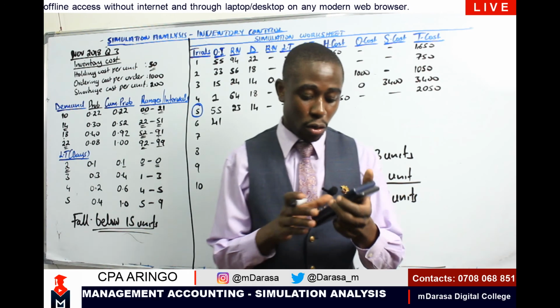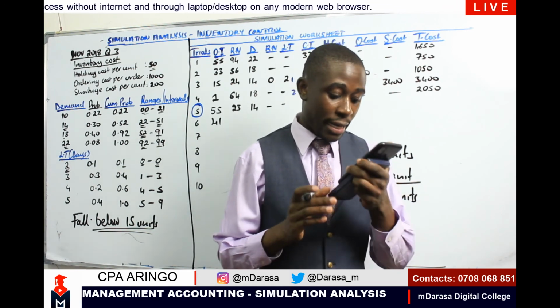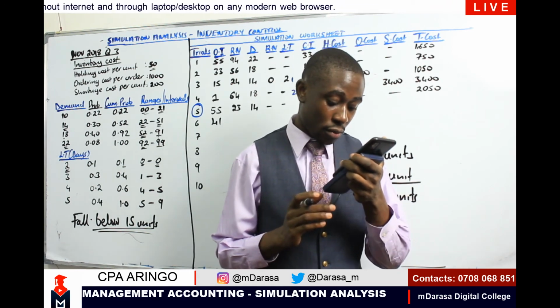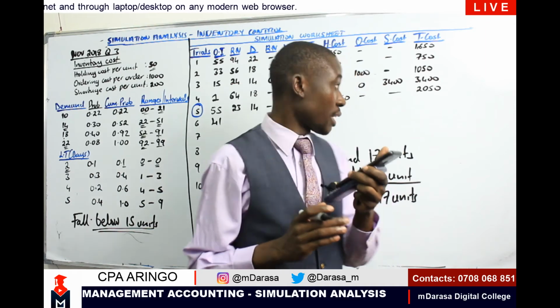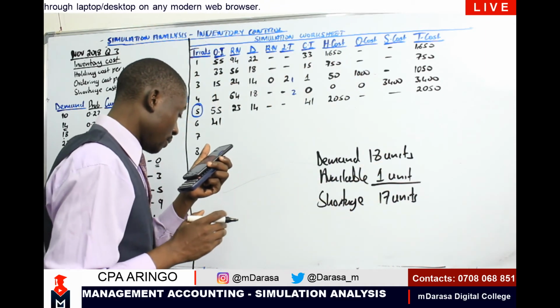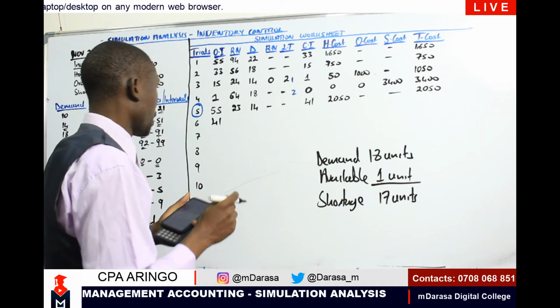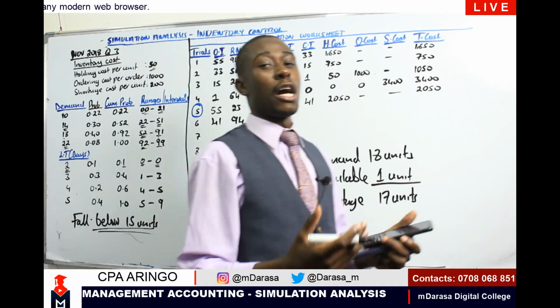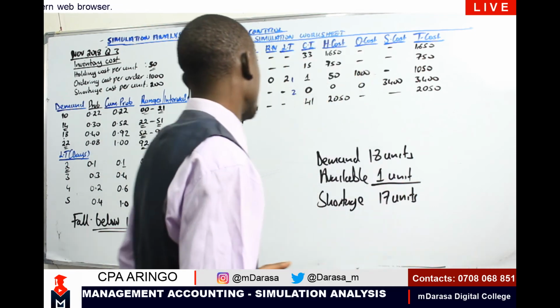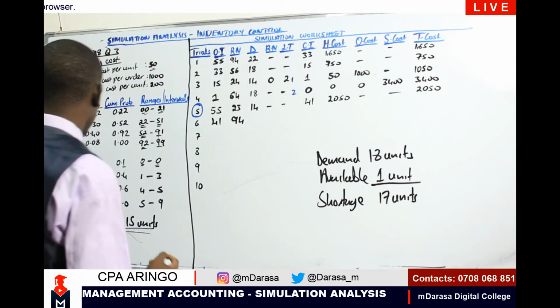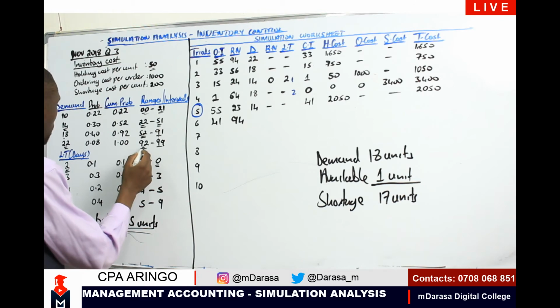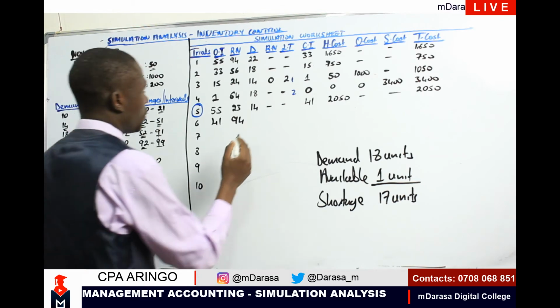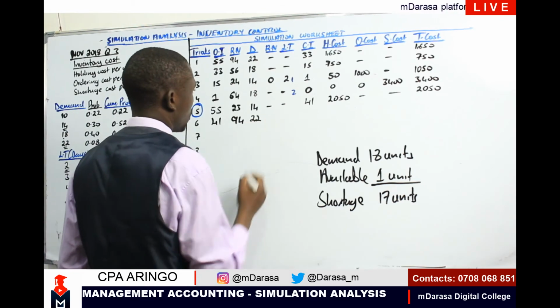After 23, sorry, the next random number I'm having is 94. And where will 94 fall? 94 will fall here between 92 and 99 to give us 22 units being our demand.